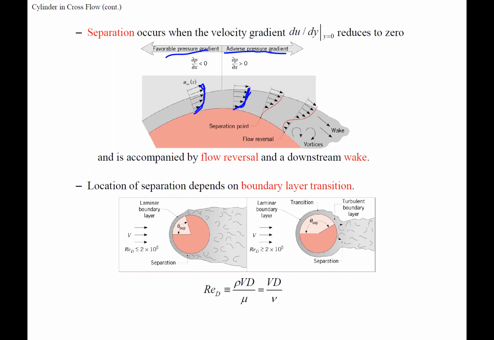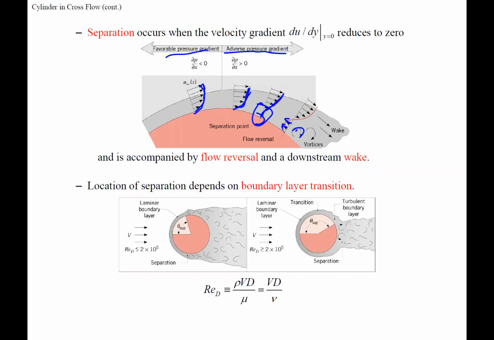And what actually happens is we get to a point where we have separation, where the momentum can't overcome that pressure increase. Okay, so what starts happening is then you get that flow reversal. So we then have our separation point, flow reversal, we get vortices, which change the flow considerably.